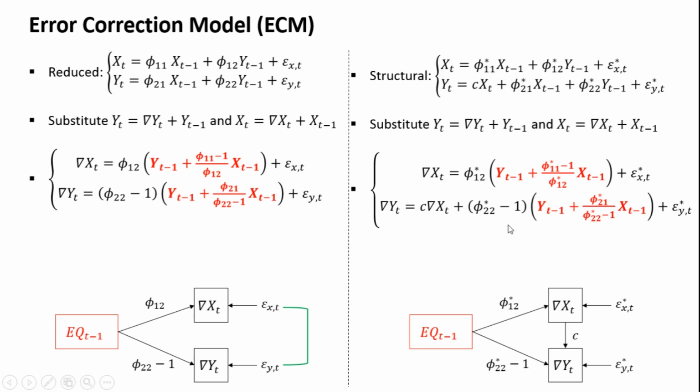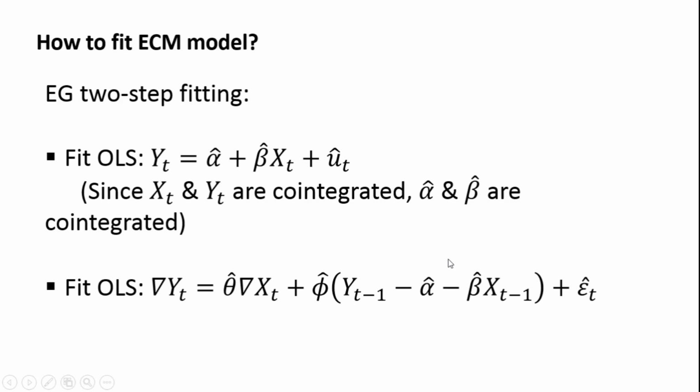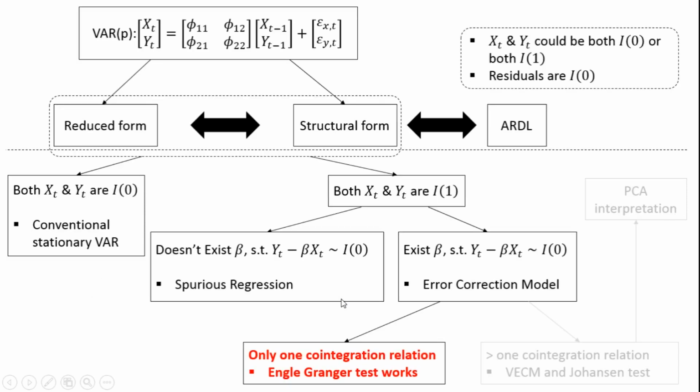That is the estimation of the differential of a variable in function of the differential of the other, without forgetting the error correction term. So that's the representation of the error correction model. To recapitulate, in a VAR model we have a reduced form and a structural form.